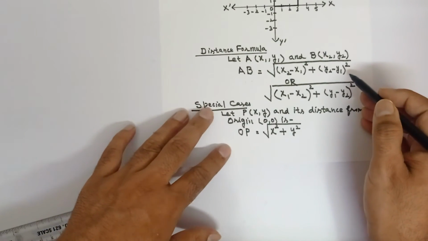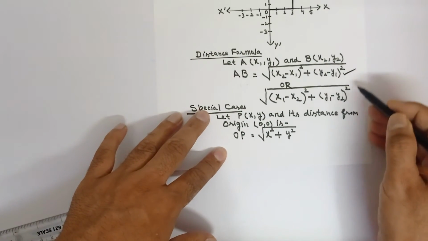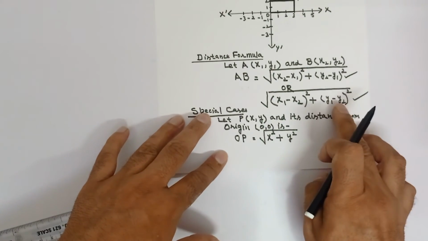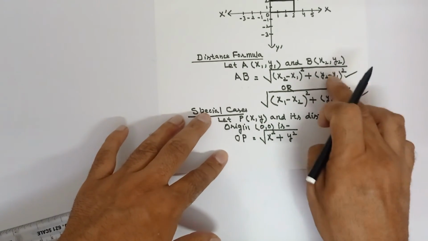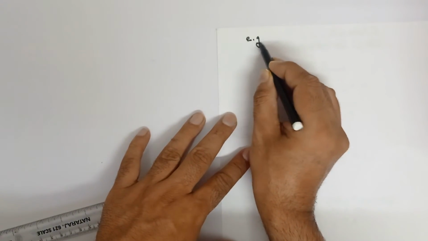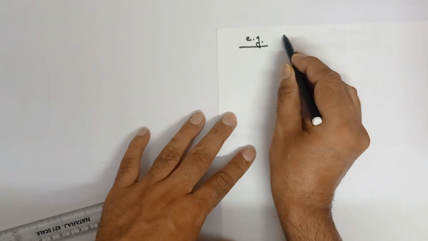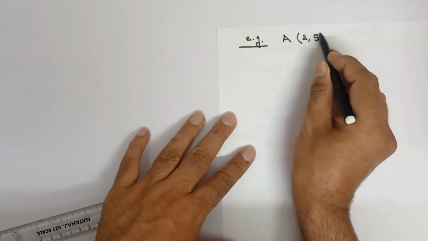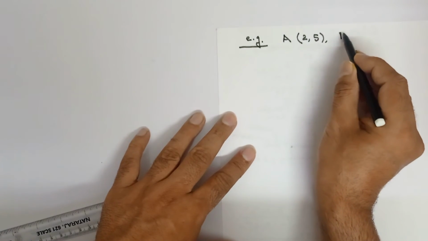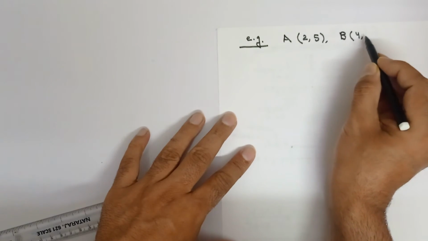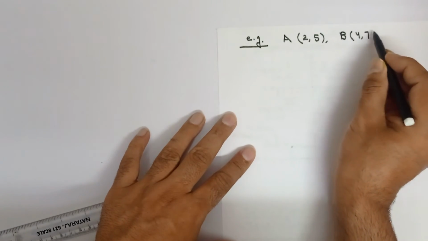Now you may be surprised that this and this give the same result. So let's do one question to prove why they give the same result. I am taking a general example. For example, I take A with coordinates 2, 5 and B with coordinates 4, 7.